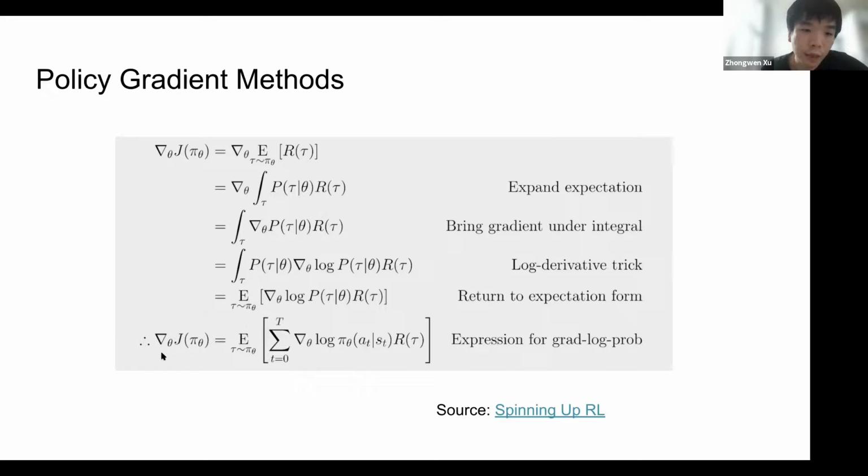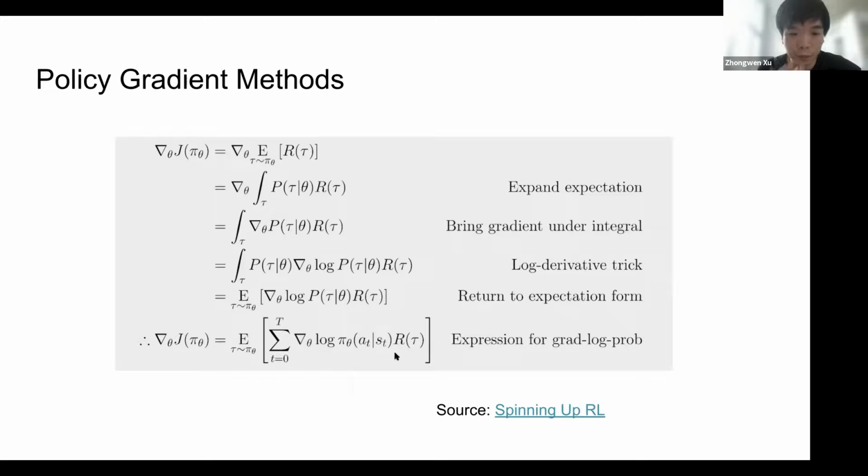Thus, we can obtain a very essential equation in the policy gradient method, which is that the gradient of the objective is equal to the sum over all the time steps of the gradient of the log probability of the policy pi over state and action a, multiplied by the total reward.